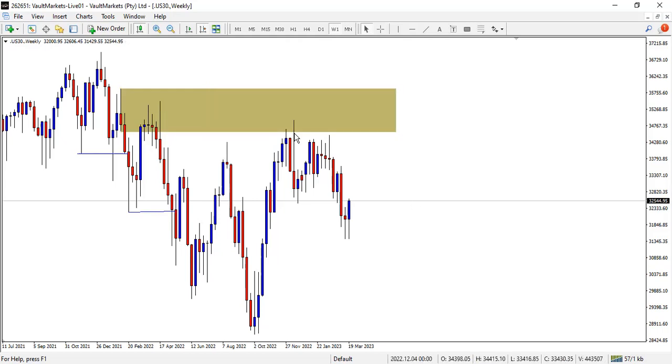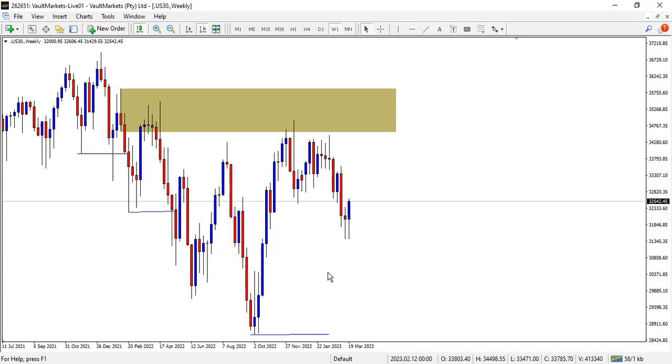We see a re-mitigation here of the very same order block. This second mitigation comes from this low here. Remember, this is a weekly time frame. It comes from this low here. Okay, cool, we keep it there.